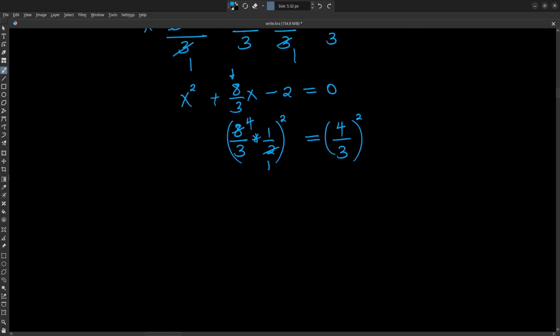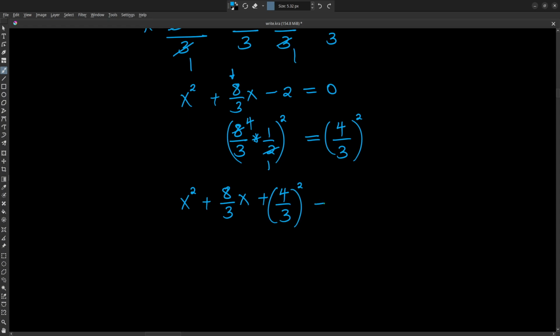Okay. So now the equation becomes x squared. The second term was 8 over 3 x. But now before the negative 2, let's add this term. So plus 4 over 3 squared. So we have added it.